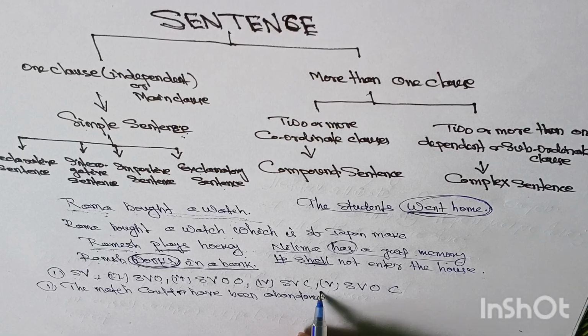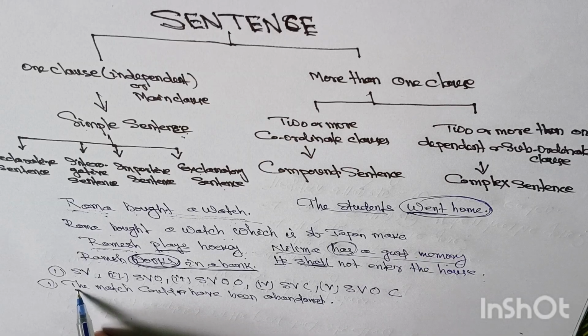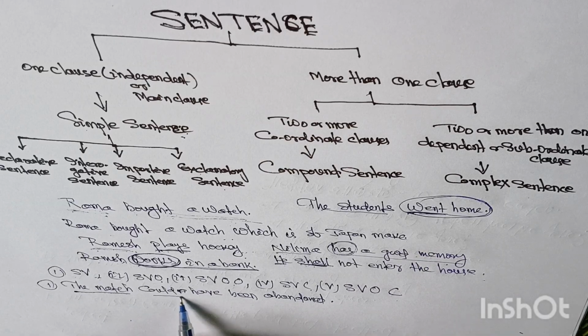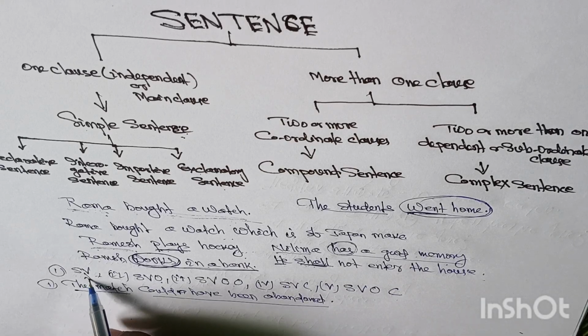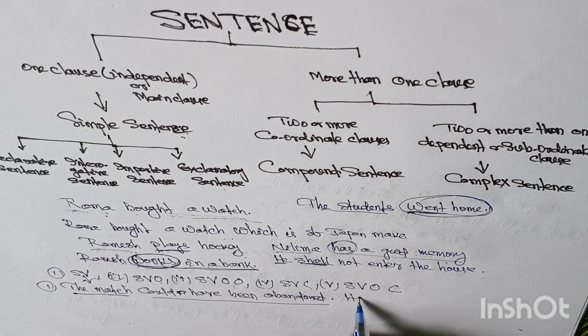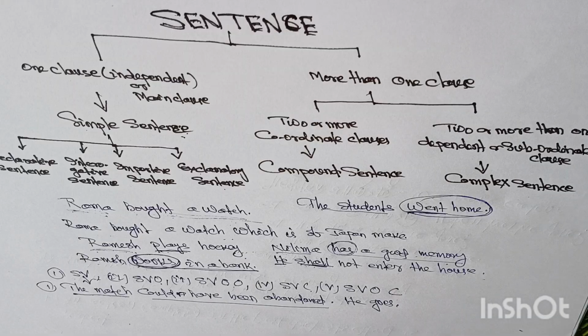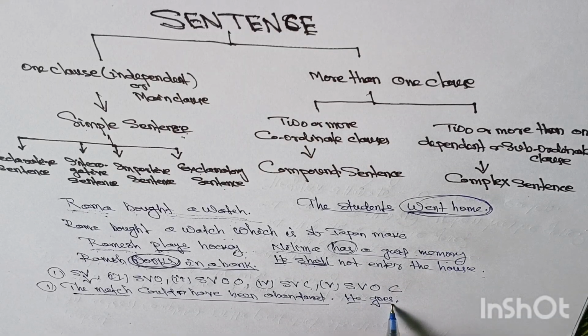In that case, the subject is the match, and would have been abandoned is the verb. So that is called the SV form. Second example is: he goes. That is also the SV pattern. The subject is he, goes is the verb.